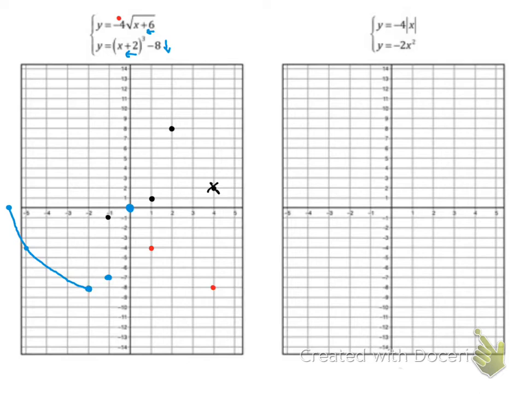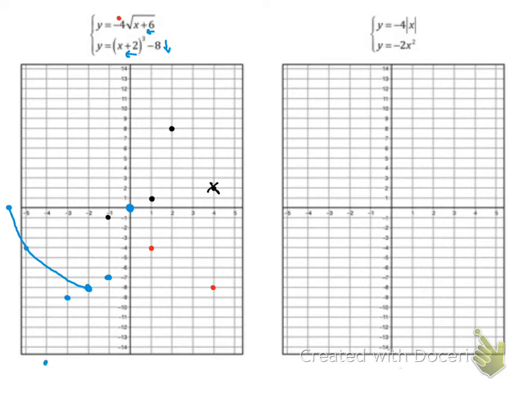Ooh, these are starting to overlap a little bit. This point here, left 2, down 8, right there. And then the last point was in here, but it got covered up because one of the points that we moved over overlapped it. But left 2, down 7, and then a little off the graph, 8.